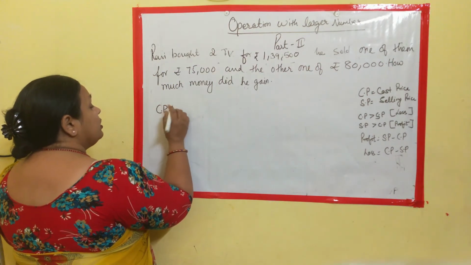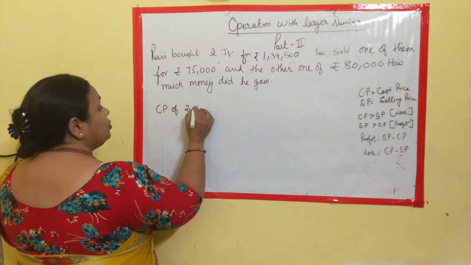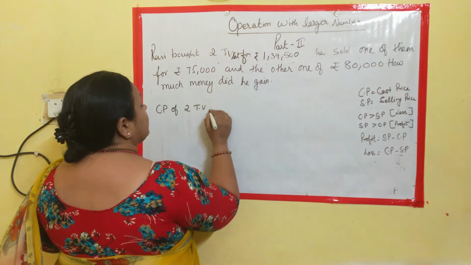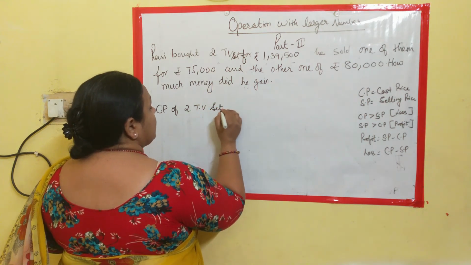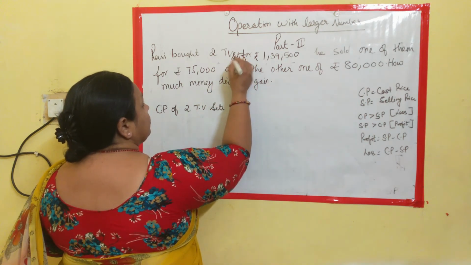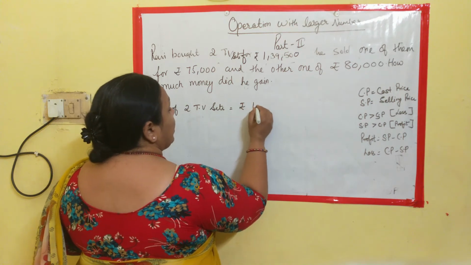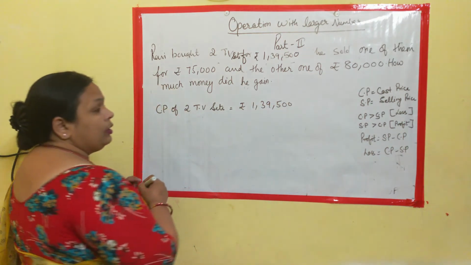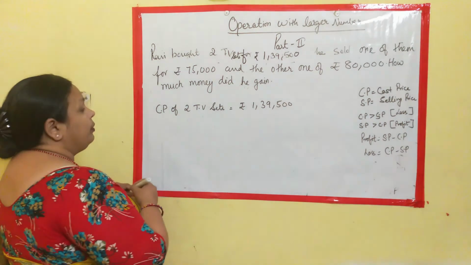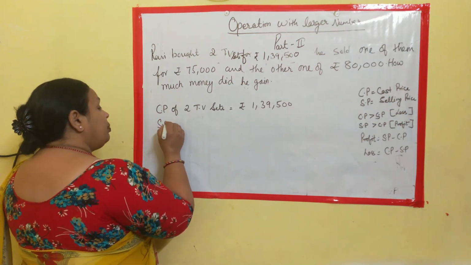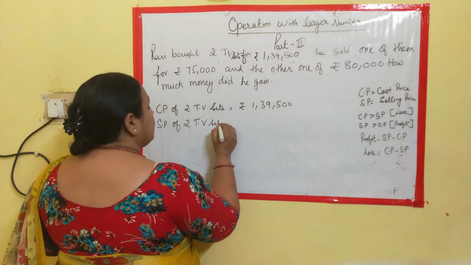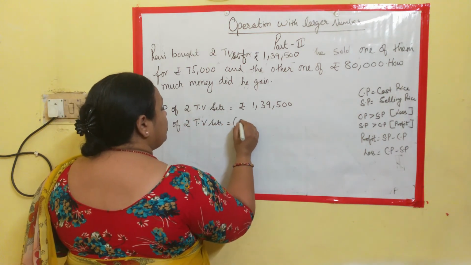Cost price of 2 TV sets is equal to rupees 1,35,500.